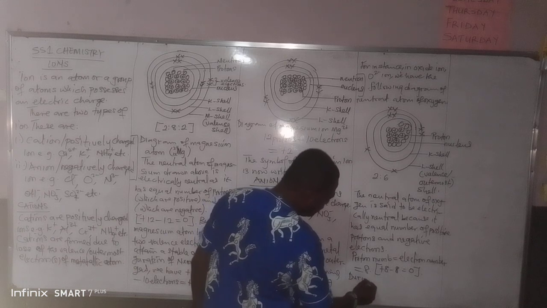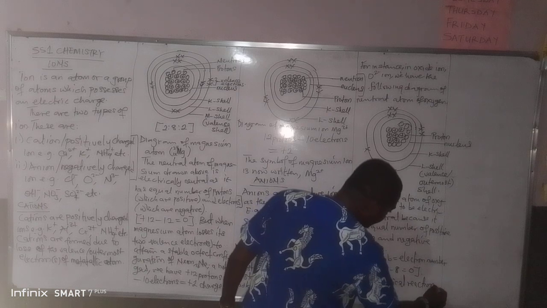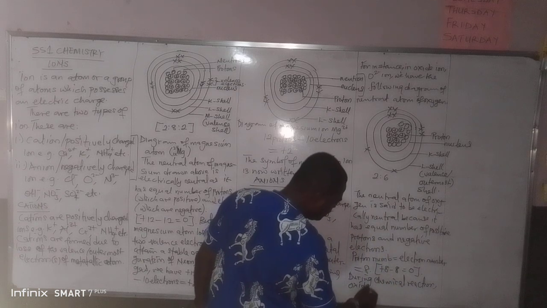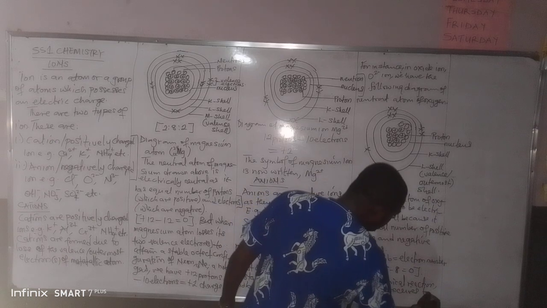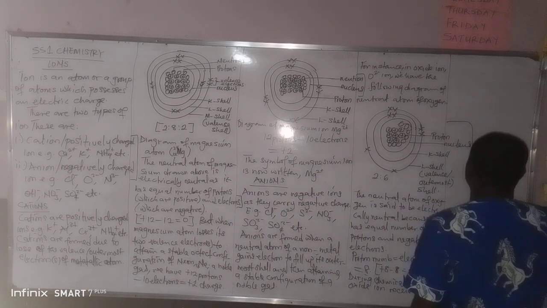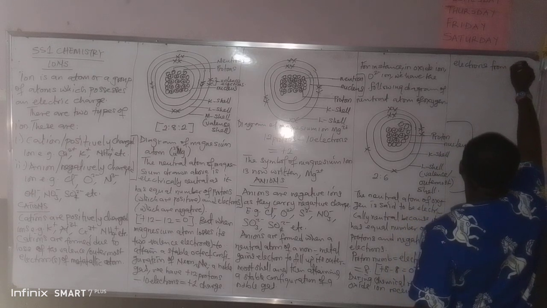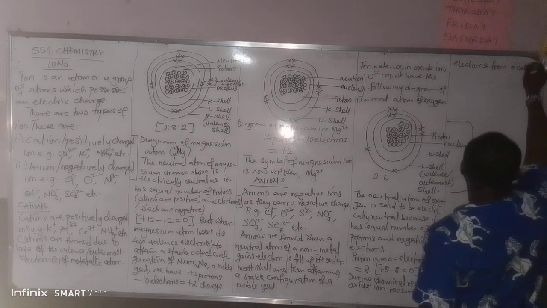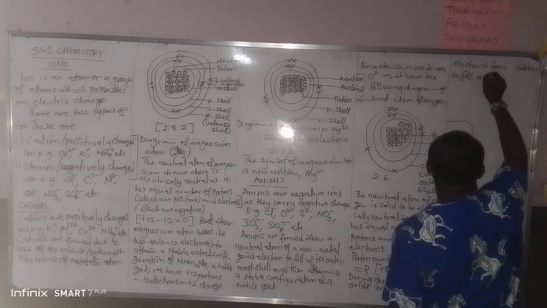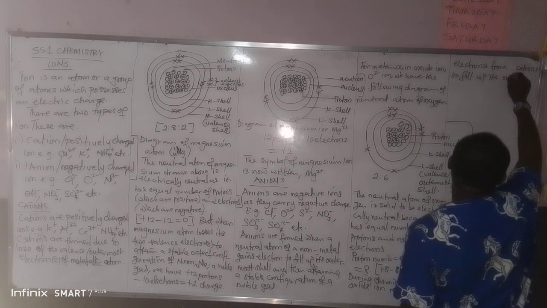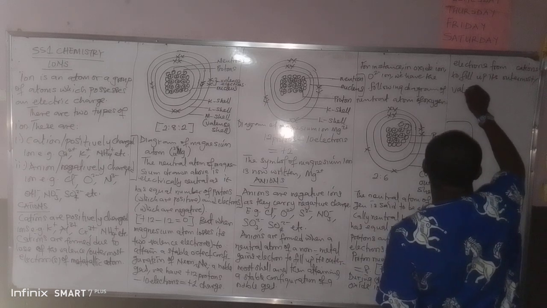So then during chemical reaction, now oxide ion receives 2 electrons from a cation, from cations, to fill up its outermost or valence shell.